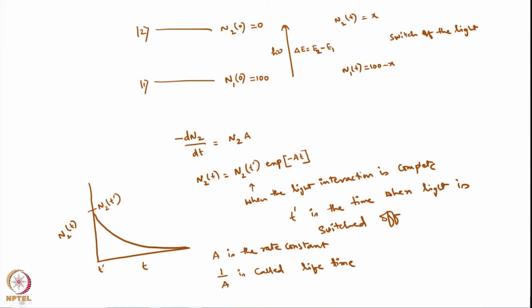We will just come to that. Let us look at first order kinetics. If you have a population that decays exponentially, let us say this is N2 of t versus t, and this is N2 of t prime, and I am starting time at t prime.